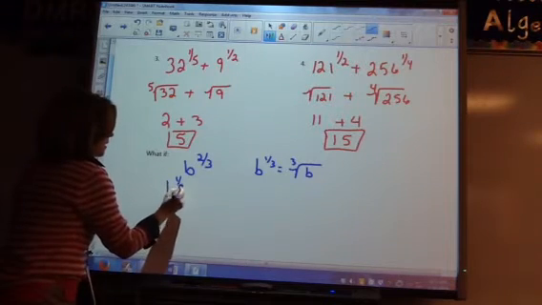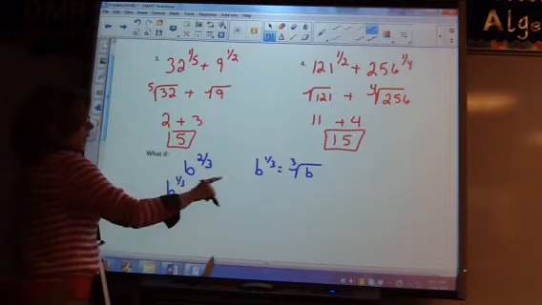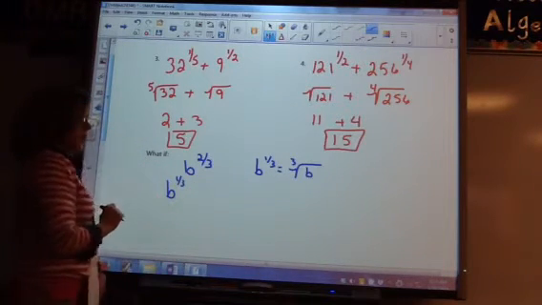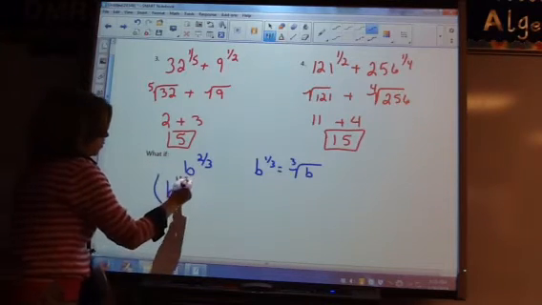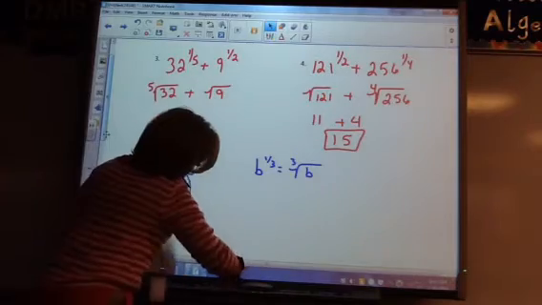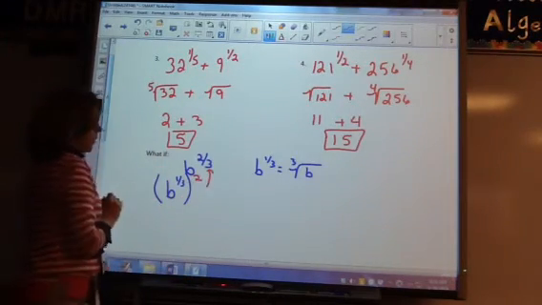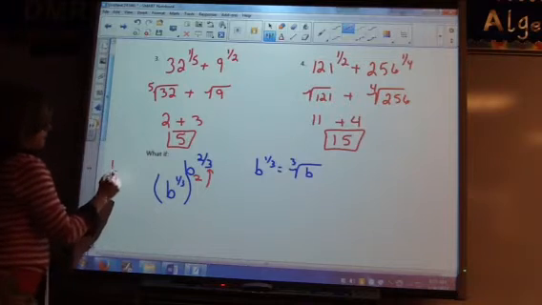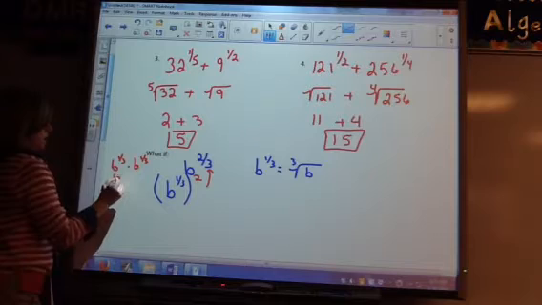We can change this to b to the 1/3 so that we can write it this way. However, we can't just drop that 2. So if we take b to the 1/3 and multiply it by 2, these are equivalent. Because b to the 1/3 times b to the 1/3 is b to the 2/3.